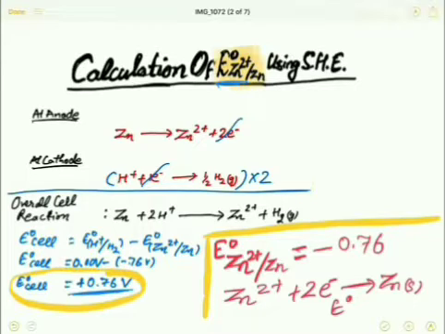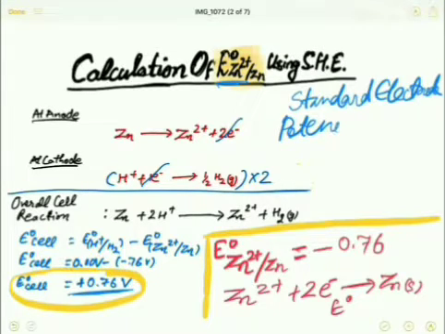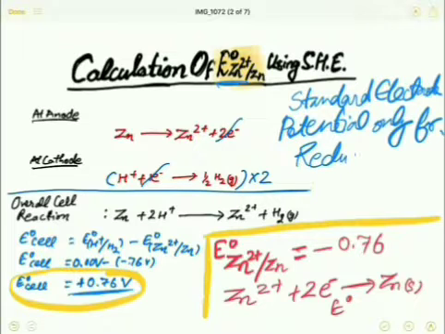So what we know is that we write the standard electrode potential only for the reduction reaction.